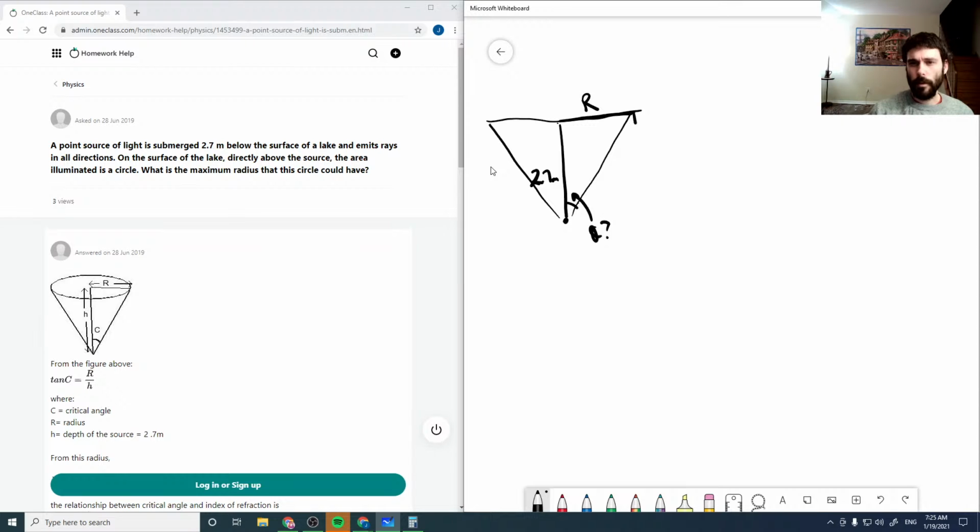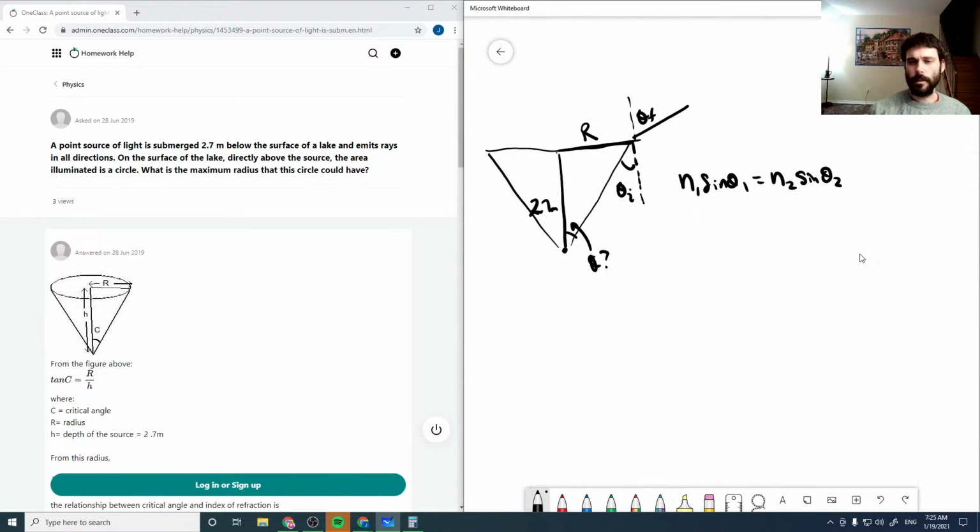Now, this will have a similar triangle, so that's our theta I, and the light is going to refract with some theta F, and we can use Snell's law, so N1 sine theta 1 is equal to N2 sine theta 2. And we can see that these are similar triangles, so this is actually our angle we're solving for.